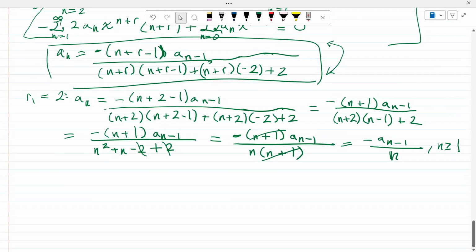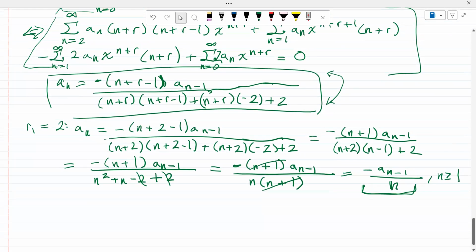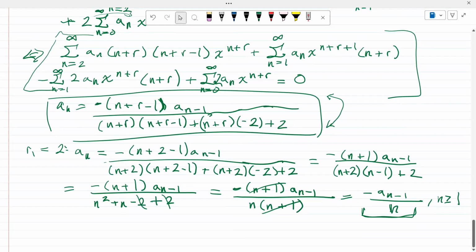But in this course, it's not enough to just have this relationship here. We need to actually establish what our recurrence relation is without having any sequence numbers in there.